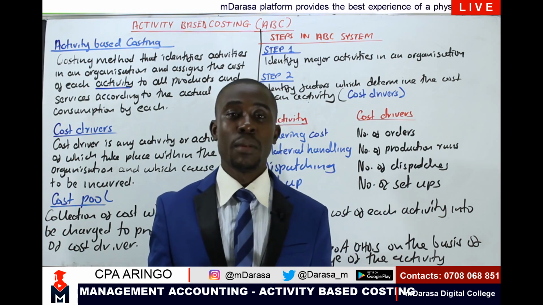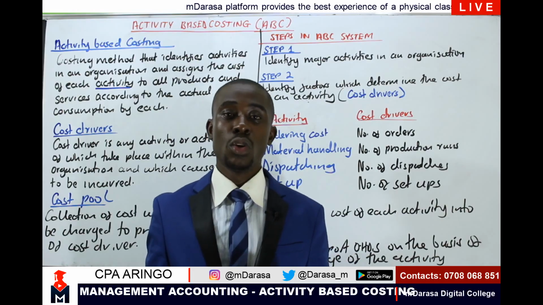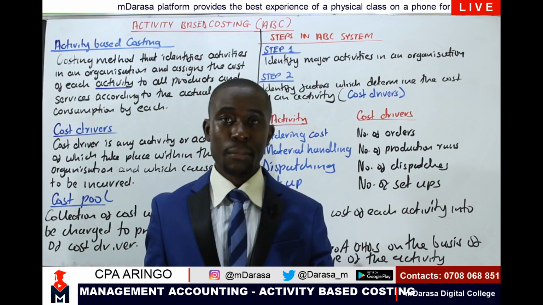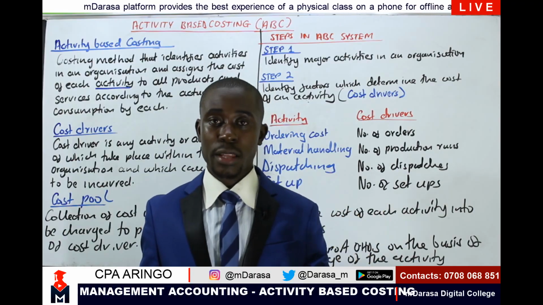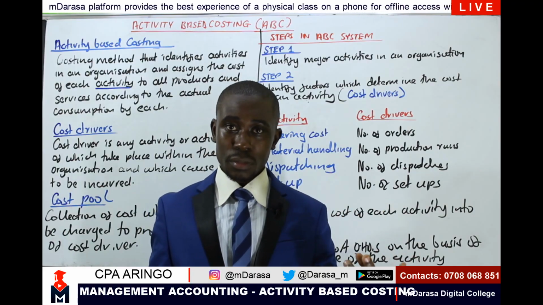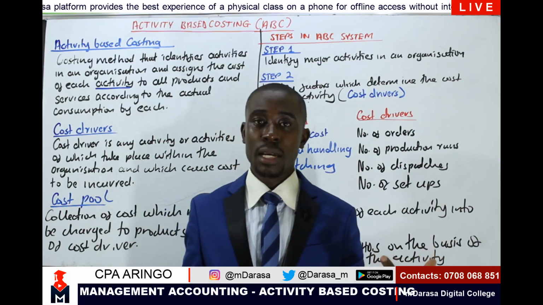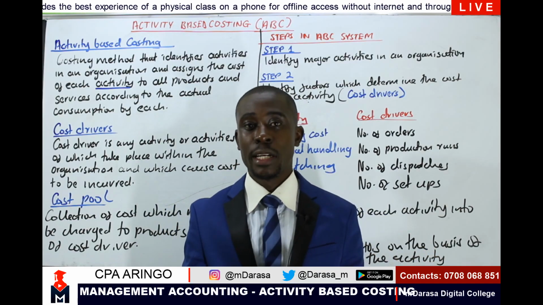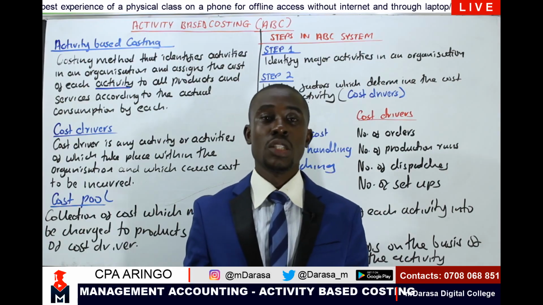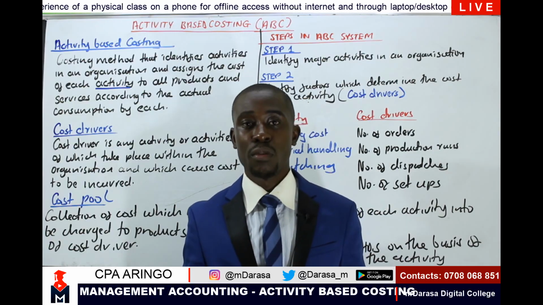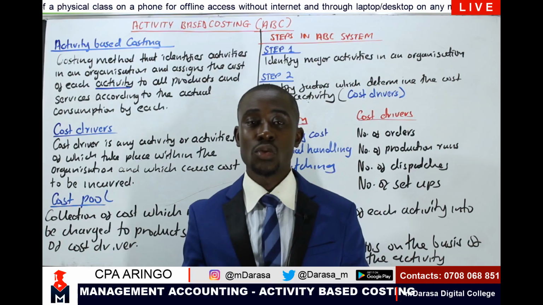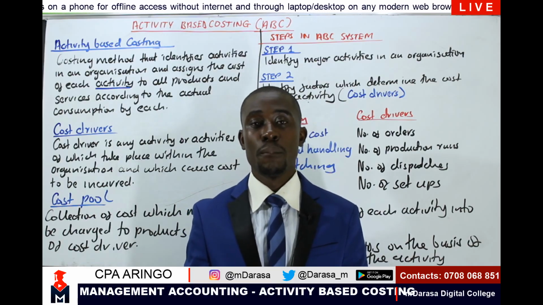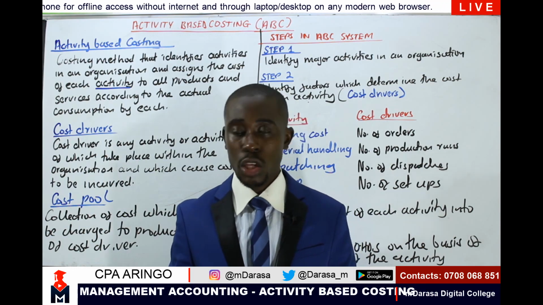As we are all familiar, the cost per unit will always be determined by having the material cost, labor cost, and of course the overheads. So allocation of all this will come here on number 3, the aspect of the overheads, because material and labor will most likely not change. So absorption of these overheads is what will change, and that is where the difference will come in if we compare with the traditional method.